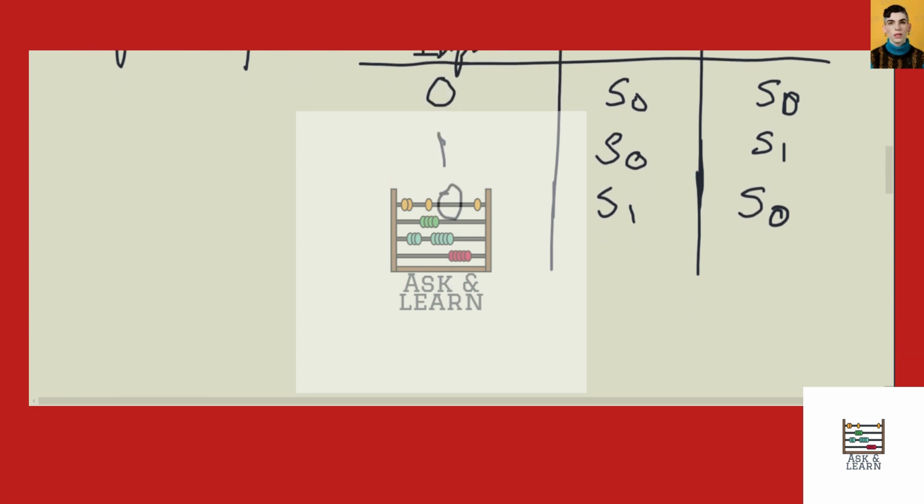And the next input would be a 1, and so it would follow that the start state S0 would become the next state S1. Once again, not a string that would be recognized by the automaton, since S1 is not a final state. And we see in general, this is going to be true. So if our input is 0, then our start state is going to be S1, and our next state is S0.